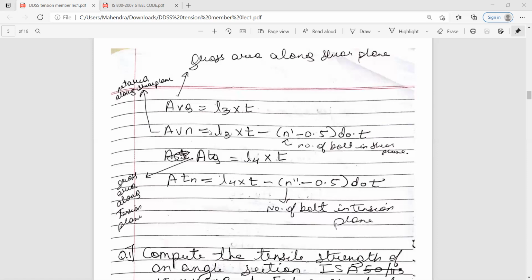Note down all these 4 formulas; they are not in your IS code, so you need to learn them. L3 and L4 you have already drawn in the diagram. T is the thickness and D0 is the diameter of the hole. So write down these formulas.